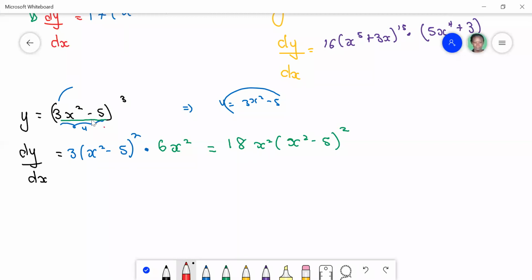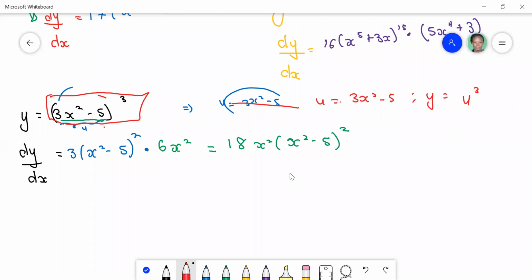Okay, yes. So this is the whole function, and we are treating this whole function as u. Let u be equal to 3x squared minus 5. So what it means is that I have y equal to u to the power 3.